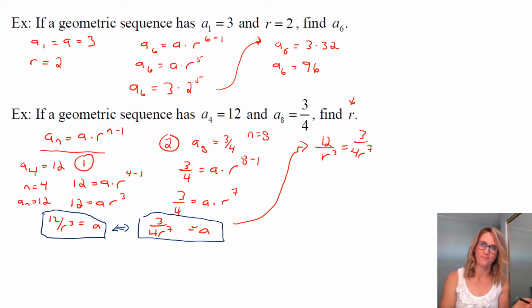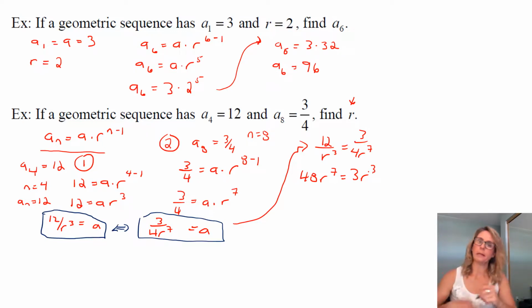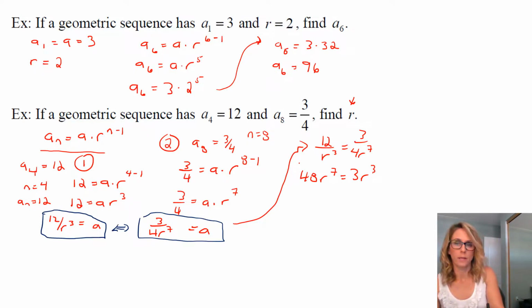That's the idea. So a few different ways. I'm going to cross multiply since that is valid and rids me of all of my fractions at least. And then we can divide both sides by 3, which gives us 16r to the 7th equals r cubed.